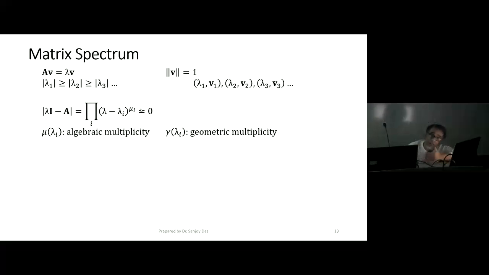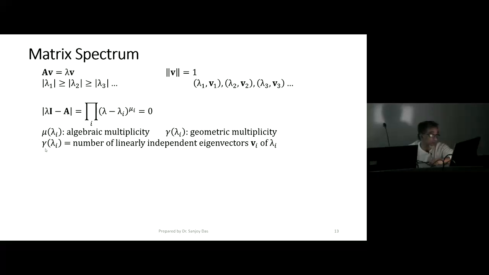But even if you have multiple lambdas with the same value, the eigenvectors would in general be different. If all the eigenvectors are different, even if lambda i is repeating, then the geometric multiplicity will be equal to the algebraic multiplicity. Otherwise, the geometric multiplicity is the number of linearly independent eigenvectors Vi of lambda i.